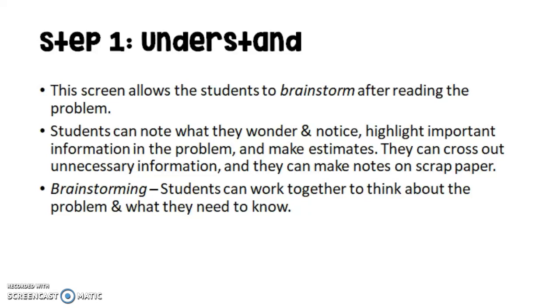They can use a highlighter to highlight the important information in the word problem. They can make some estimates about what they think the answer might end up being. They can use the pen to cross out unnecessary information. They can click on a button for scrap paper, so they can start sketching out what they think might need to be done.